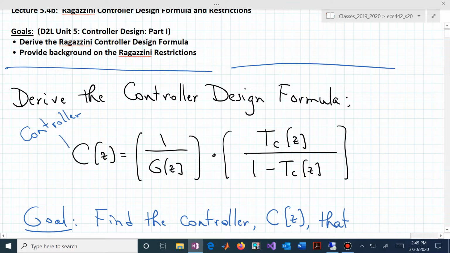C of z is our controller's transfer function. G of z is our plant. And t sub c, which appears in two different places, one in the numerator and one in the denominator, is our desired closed loop transfer function.